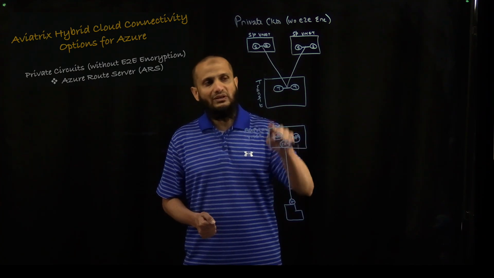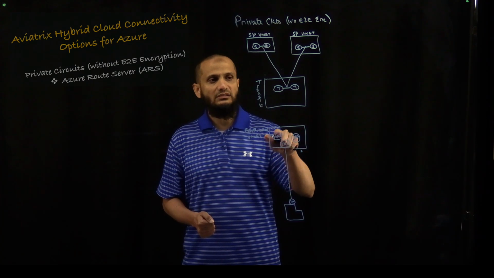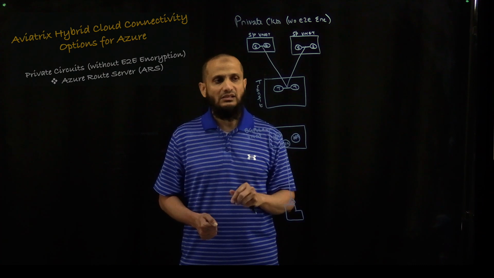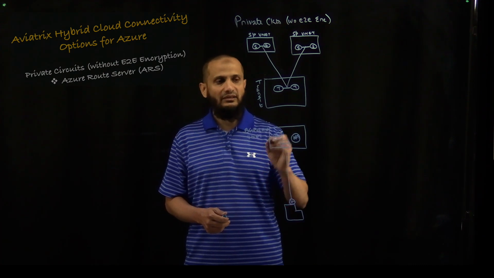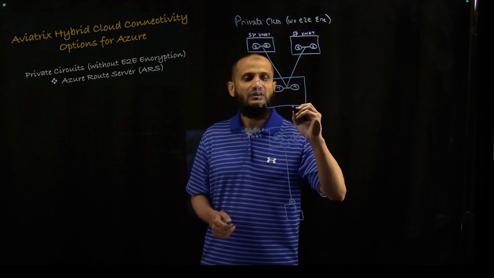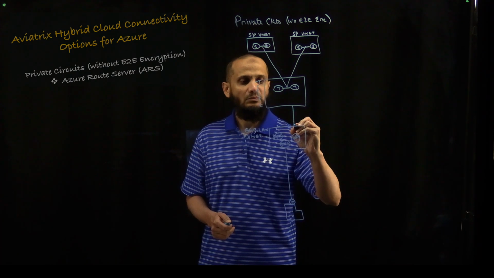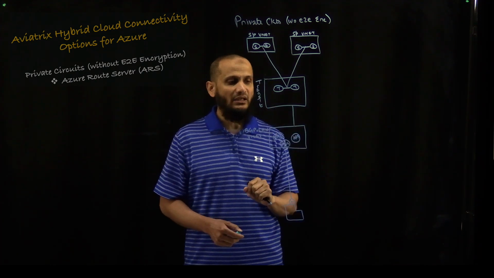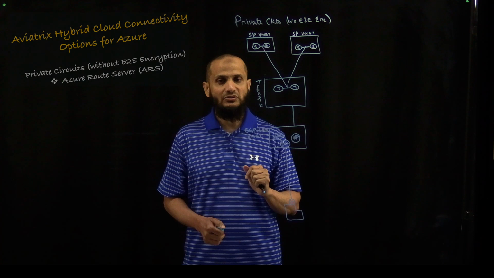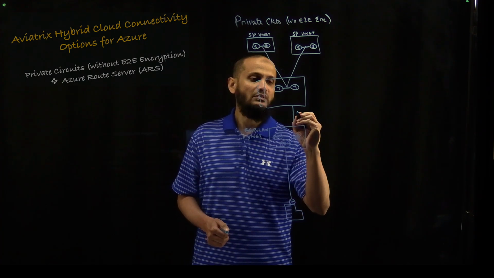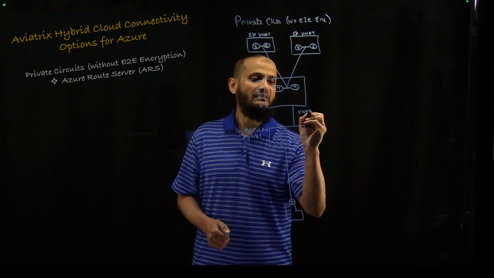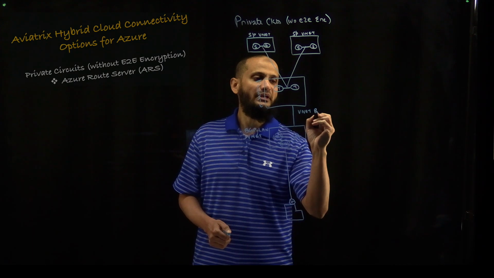So how are we going to connect these transit gateways to the ARS? In order to do that, first we need to have VNet peering between these two VNets. And this VNet peering you can create using the Aviatrix controller also. So I'm going to just call it a VNet peering.